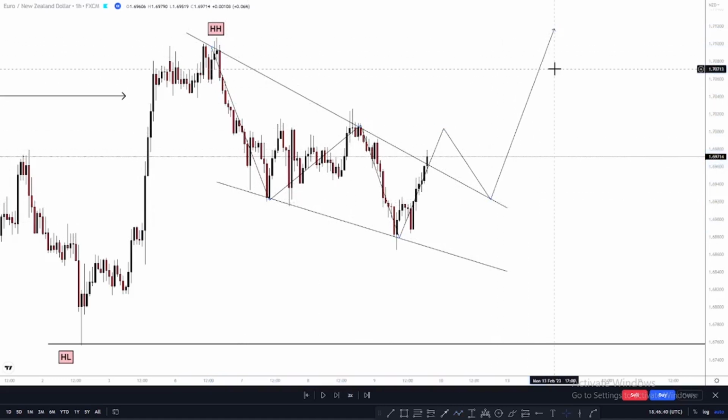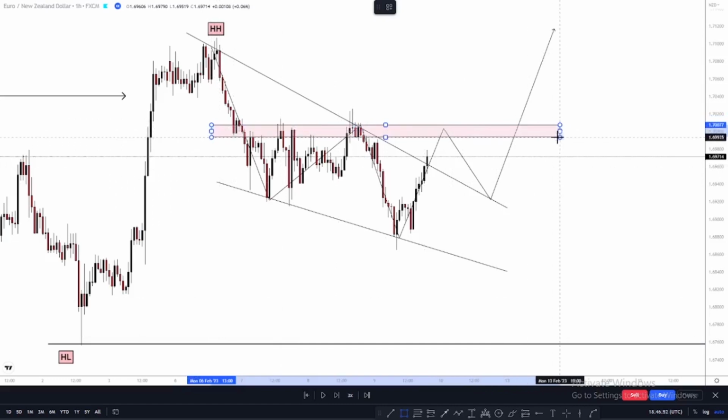You get me? So all I told myself was, though price has broke out of this channel, I'm only looking to enter for buys only if we break above this resistance right here. That's when I'm only looking to go in for longs on this pair or on this trade.